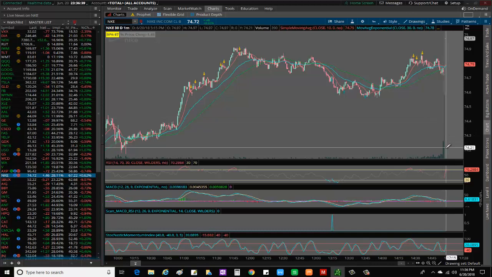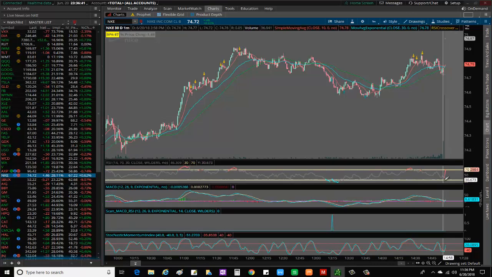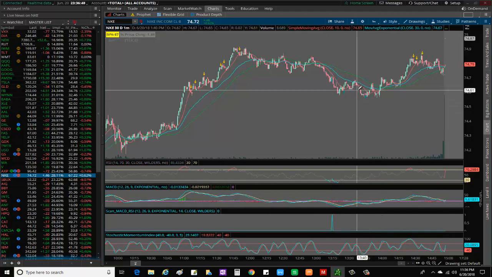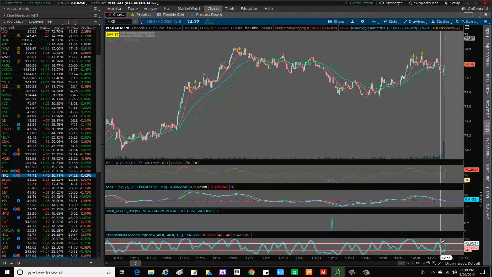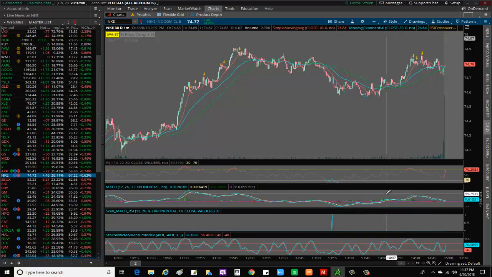Of course, we'll need to see what happens. We didn't quite get the dip into oversold territory here, but we have a crossover happening on the MACD, and it looks like momentum has pulled upwards, though not much of a divergence. In fact, I see no divergence on either the MACD or the momentum index.